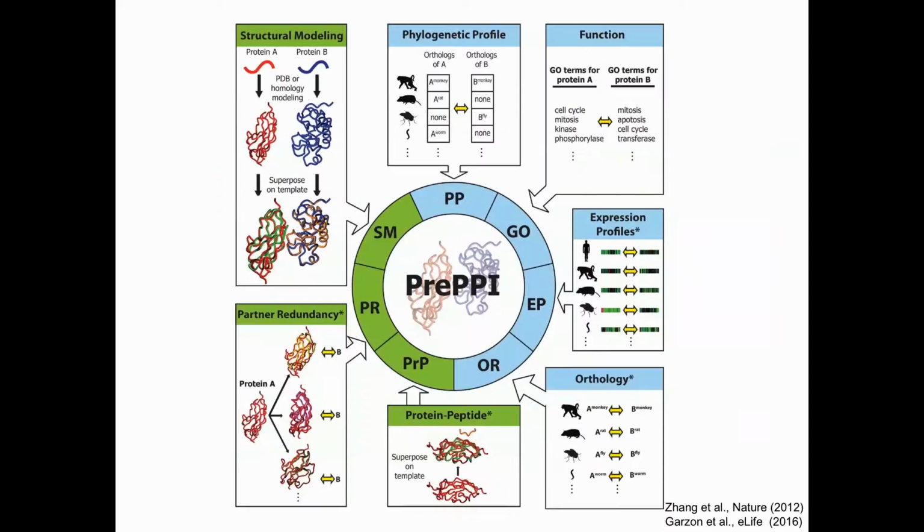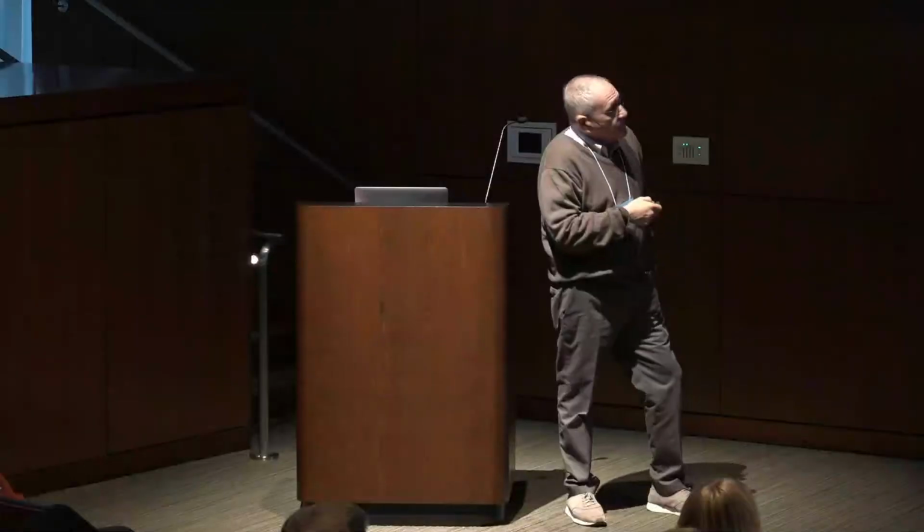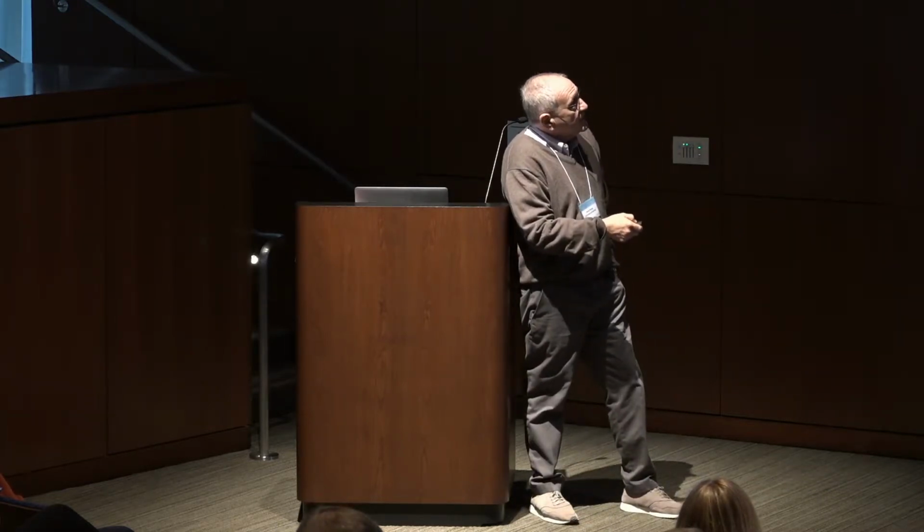The main point to make is that because we have lots of structures, and because we've learned to work genome-wide, PrEPI is very large. It has over 1 million predicted interactions with what we call a reasonable probability of being correct based on some likelihood ratio.